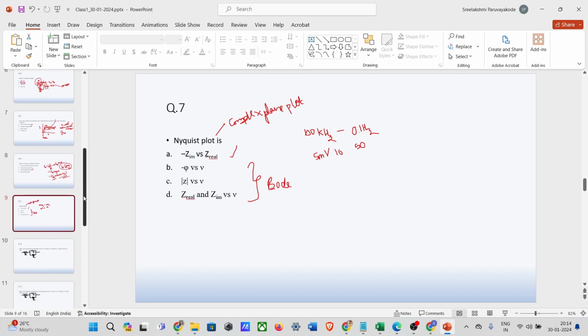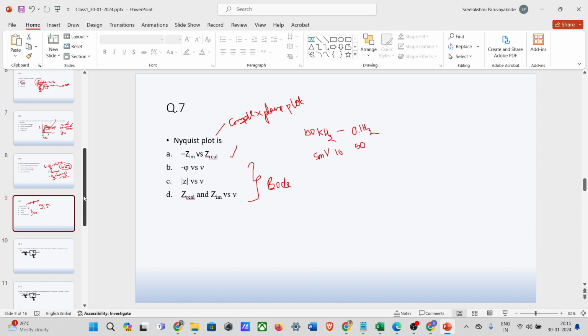Now, why is negative Z imaginary taken? That is a representation. You will sometimes encounter negative values of the imaginary part. That's how we represent it.